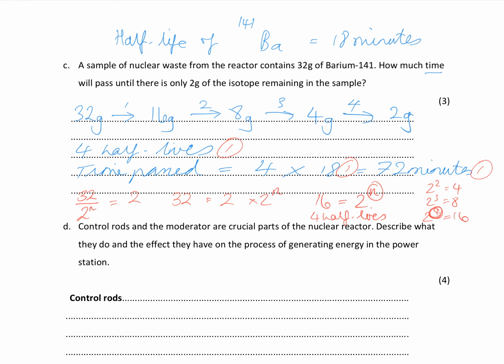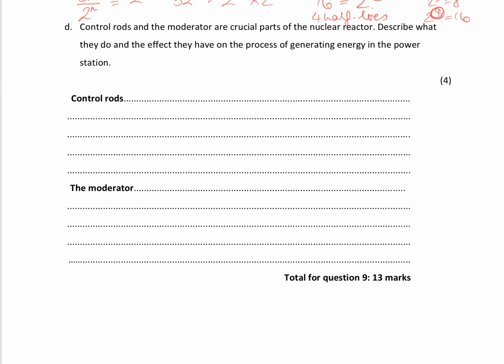Great. Now moving swiftly onwards, the final part of the question was the part that people found the most difficult. I think what's happened here is that people have not necessarily learned off by heart the definition of control rods and moderators. But I'd also like to point out that there are some difficult parts of the question. So control rods and moderators are crucial parts of the nuclear reactor.